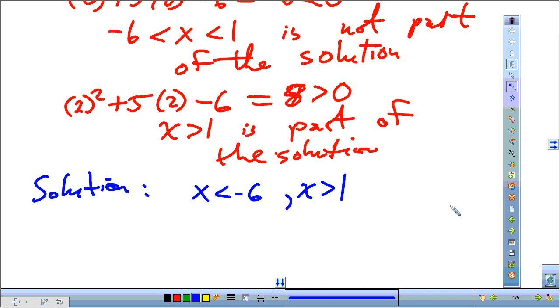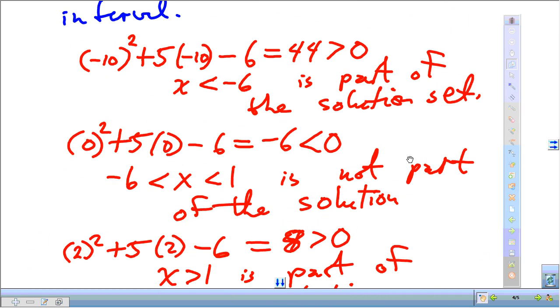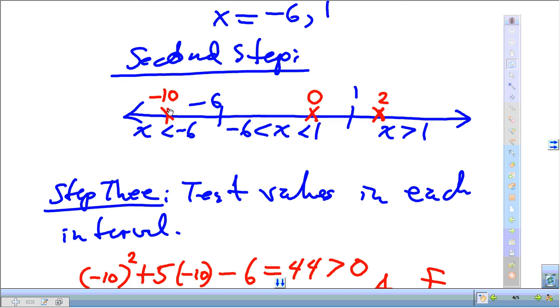So that's the general process. Solve the equality. It divides the line into intervals. Each interval, it's either strictly bigger than 0 or strictly less than 0. So in that way, I just test one point to discover the solution.